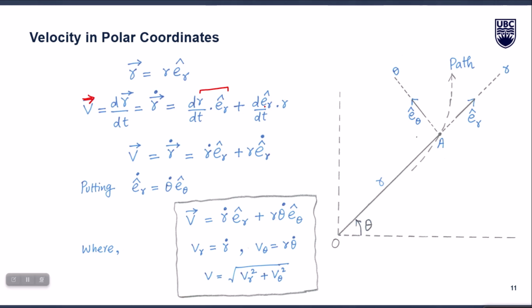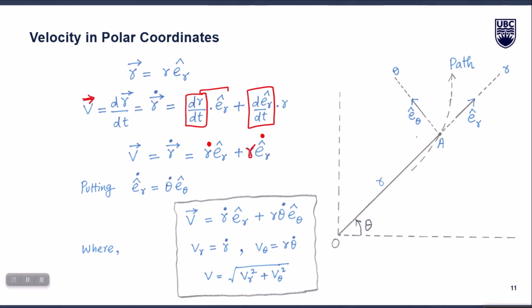This in the dot notation will give me V equal to the r vector dot, which will become, this quantity will become r dot, right? First derivative of r with respect to time. Similarly, this quantity will become the first derivative of unit vector E sub r with respect to time. So I denote it with E sub r with a dot on top times r, right?